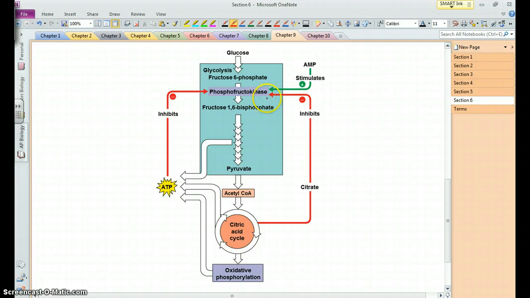Cellular respiration won't ever really just grind to a complete halt, but you'll have a number of these enzyme molecules around, and when most of them are being inhibited, the process slows down. When most of them are being stimulated, the process speeds up. So it's sort of a rate-dependent process. It's moving along quickly or not so quickly, perhaps.